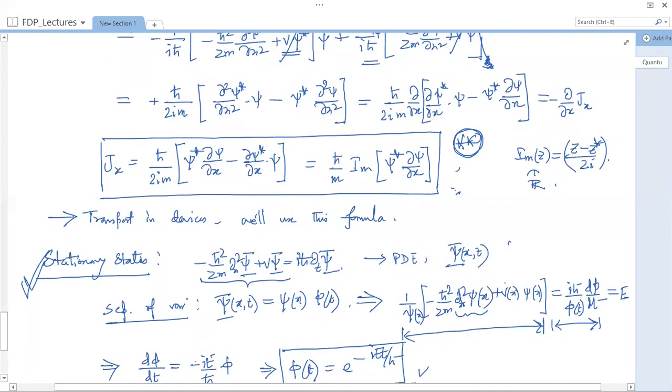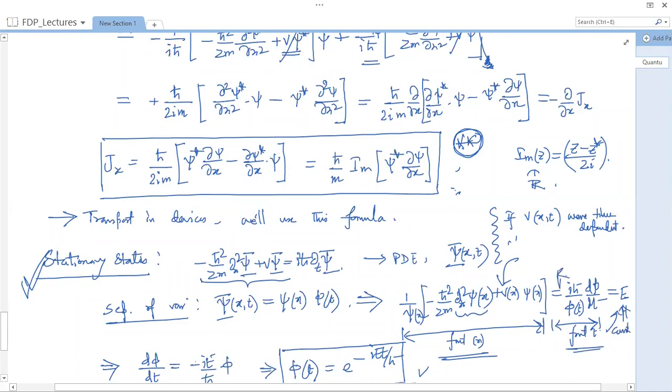If V of x was time dependent, then the reasoning I gave, that this side is only a function of x and this side is only a function of t, will not be valid. Then I can say this is some constant, and once I get some constant, this part is already fixed. For that, this being a function of x only means your H is time independent.